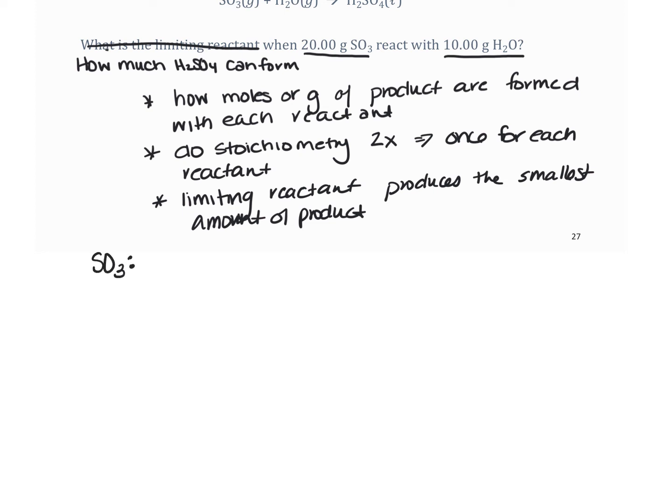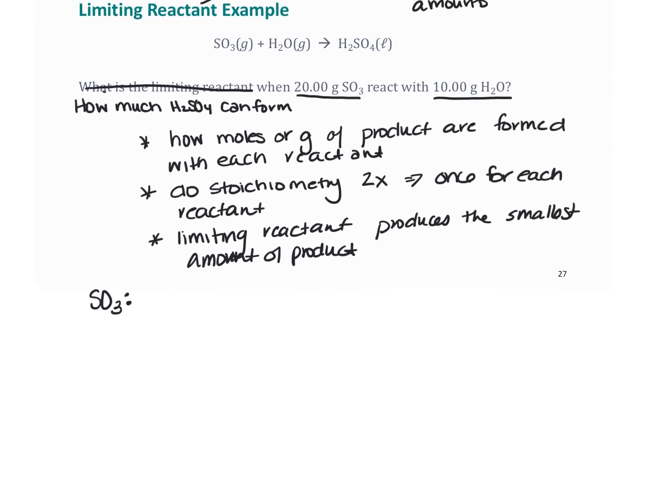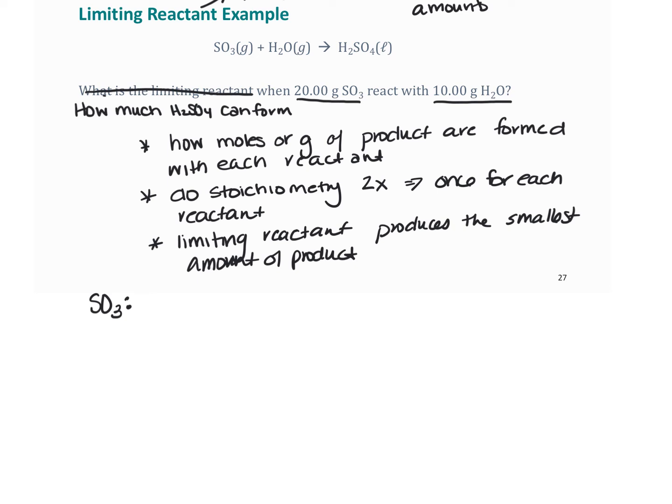Now, once you get good at stoichiometry, you don't have to make a map every time. And so you can just kind of delve in and you can say, look, we've got 20 grams of SO3. I know I need to convert that to moles. And so I'm going to use molecular weight to do that. That's 80.06 grams of SO3 per mole of SO3.